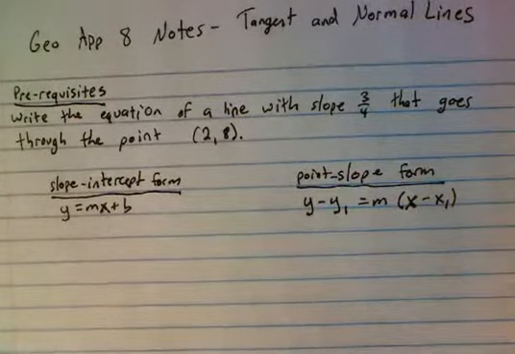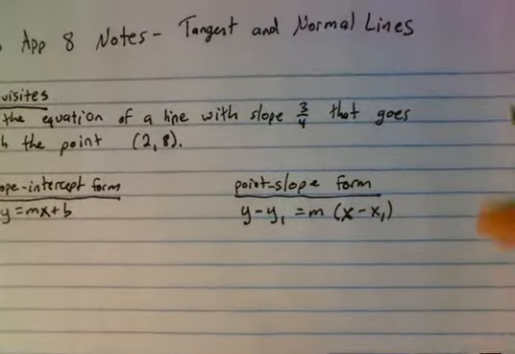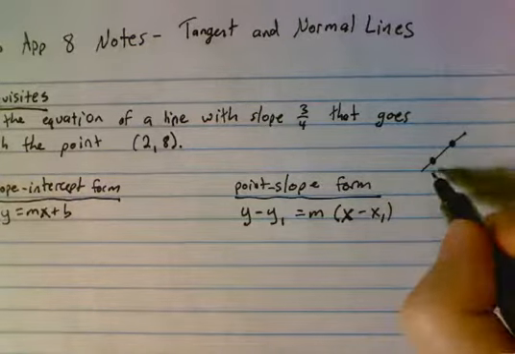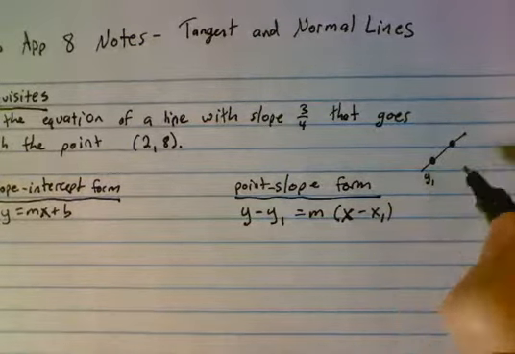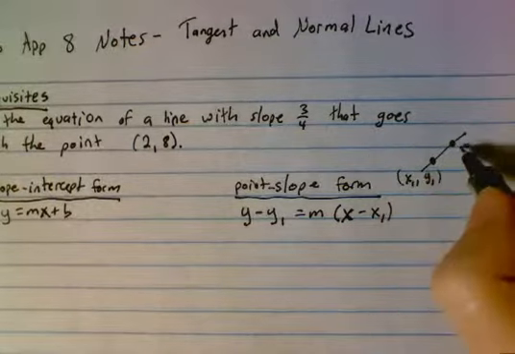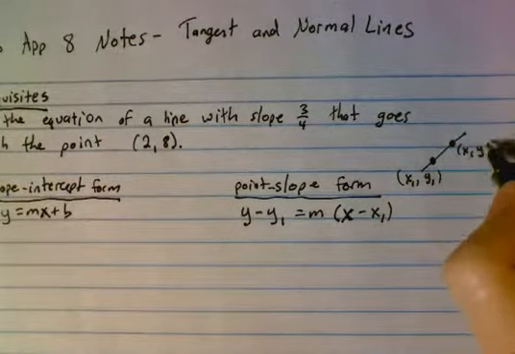Basically where this comes from, I'm just going to draw it over here, is let's say that we have some sort of line and it's got a slope, and this one down here is x1, y1, and this one up here is x, y.